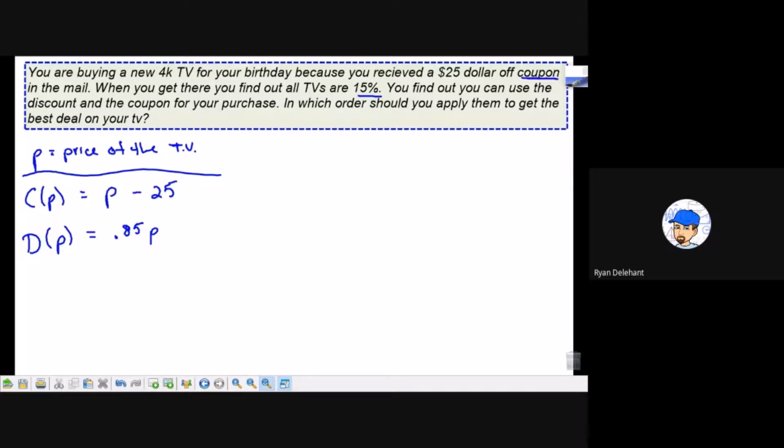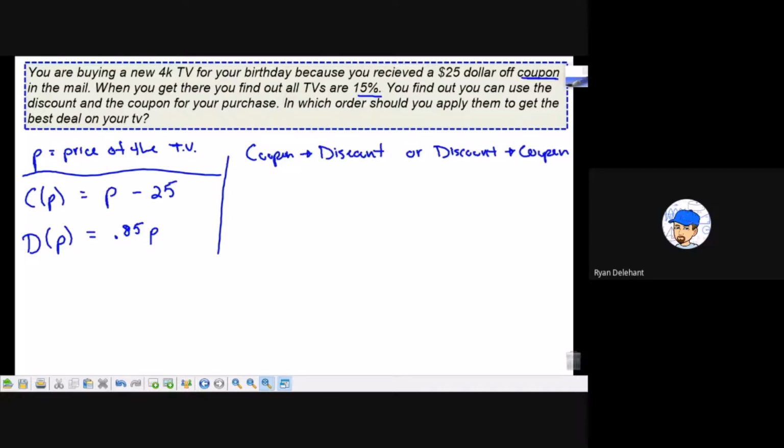So I've got two functions here, and I want to know which way I want to apply them. Do I want to do the coupon and then the discount? Or do I want to do the discount and then the coupon?